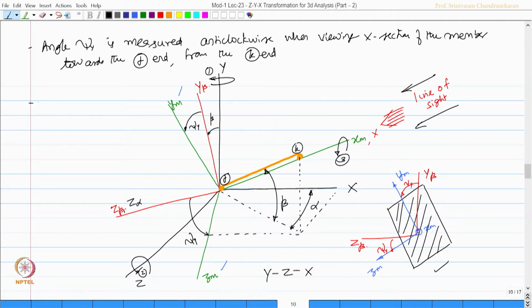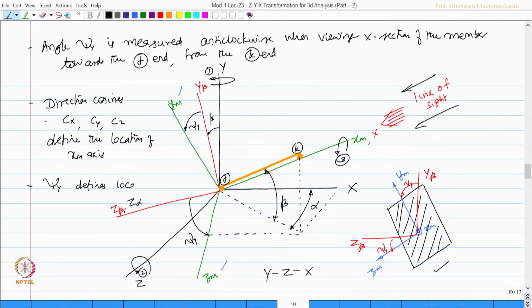So, the direction cosines, that is C x, C y, C z, actually define the location of x m axis, psi y defines the location of minor principal axis.